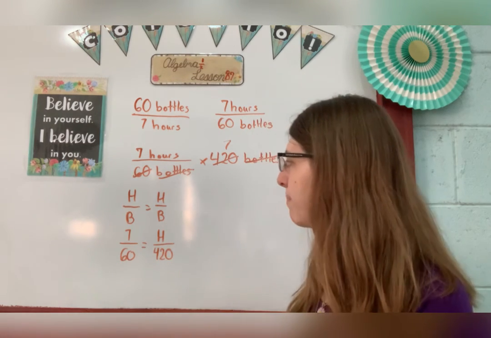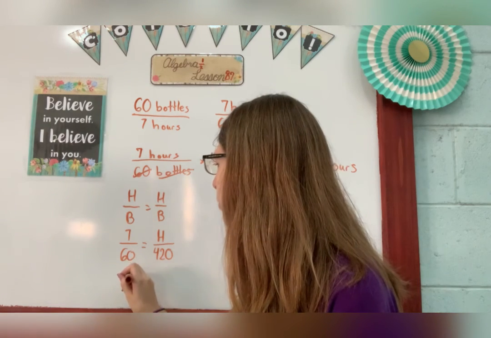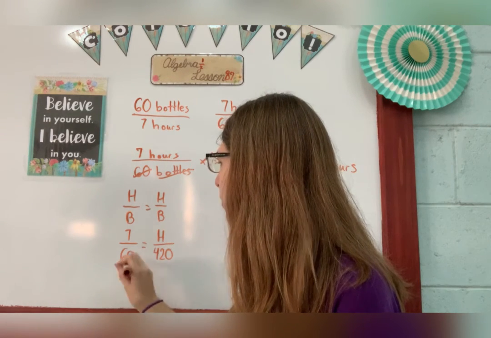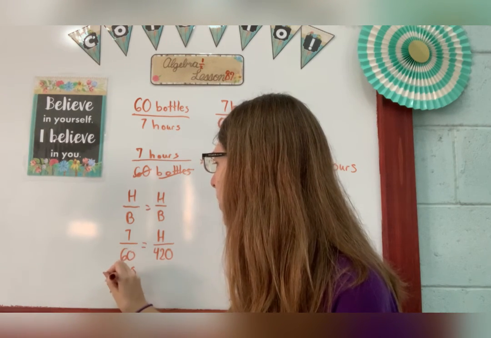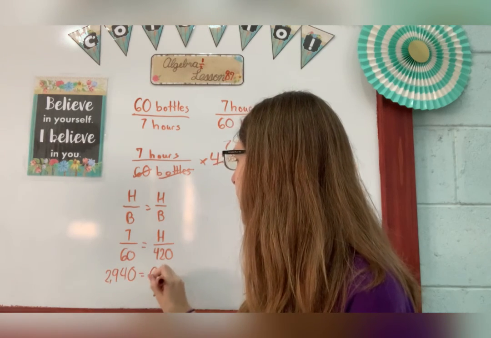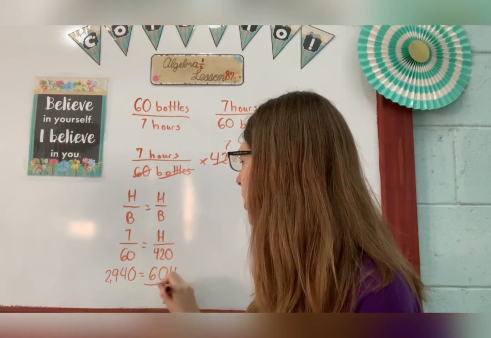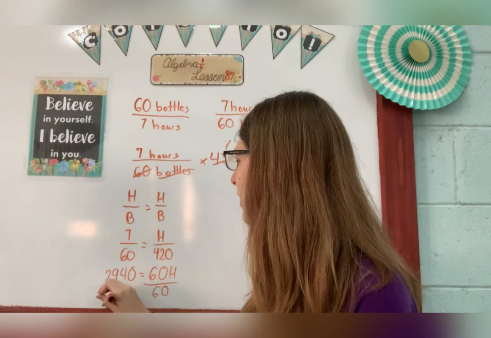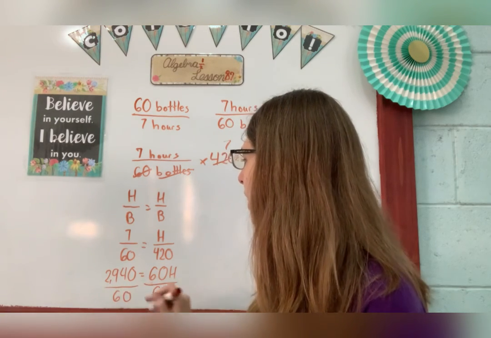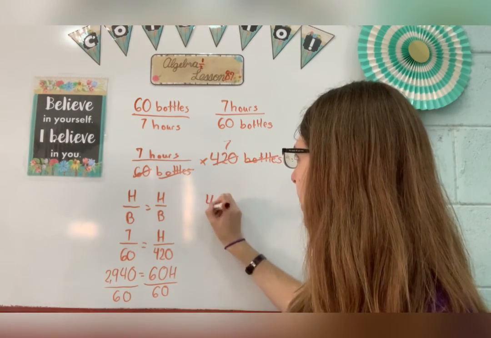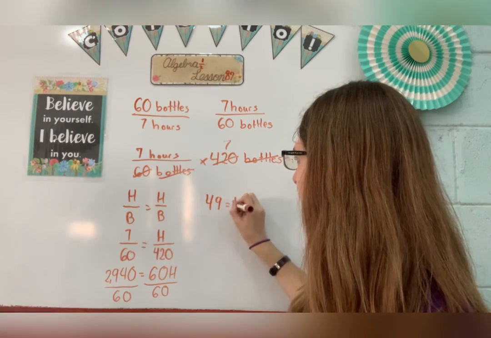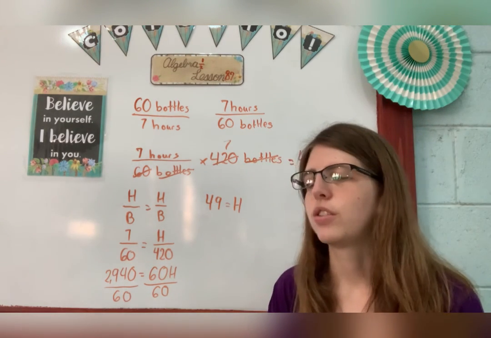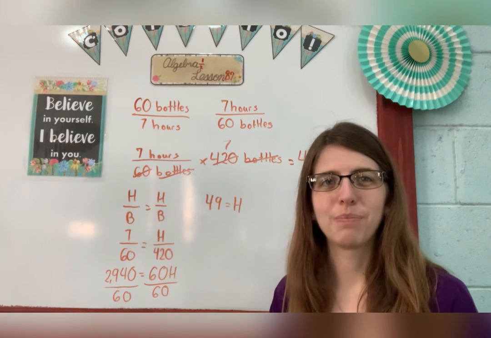Cross multiply, 7 times 420, 2,940 equals 60H. Divide both sides by 60, and I get 49 equals H. So 49 hours.